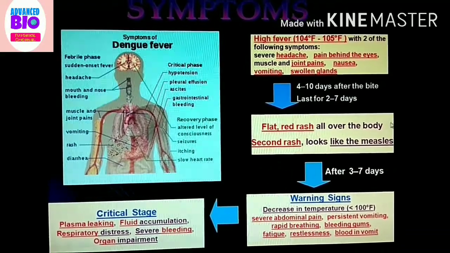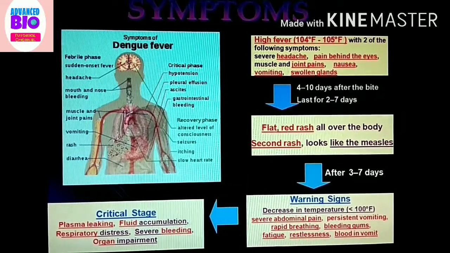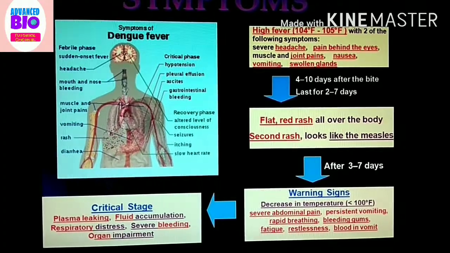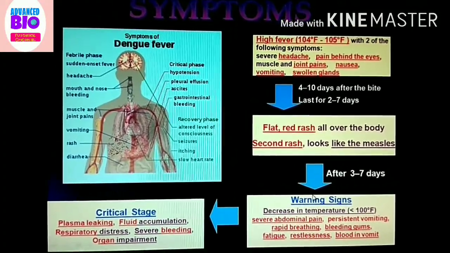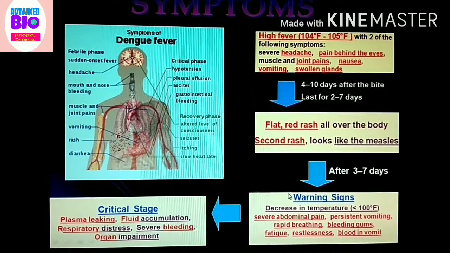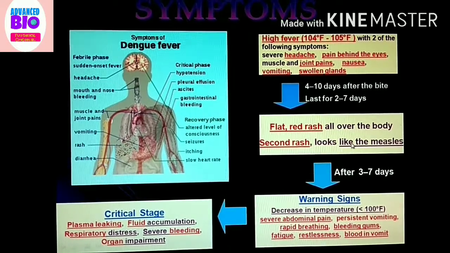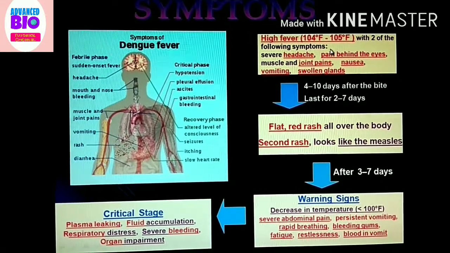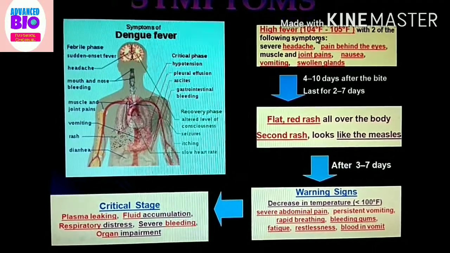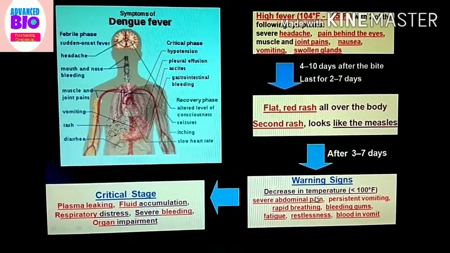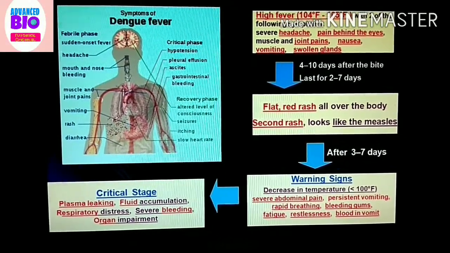Okay. Now, if the patient is untreated, then the patient will go to the warning phase. And in these warning phases, the warning signs are developed. That is, after 1 week or 10 days of this fever, the temperature will decrease below 100 degrees Fahrenheit.